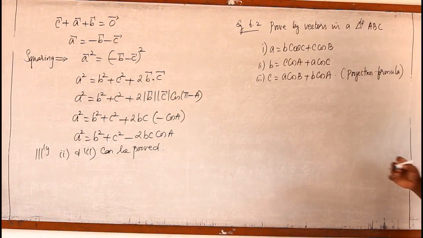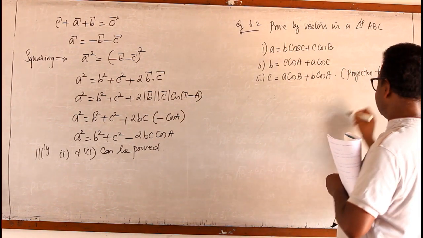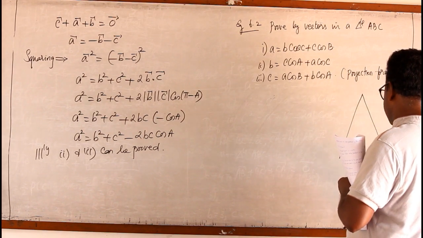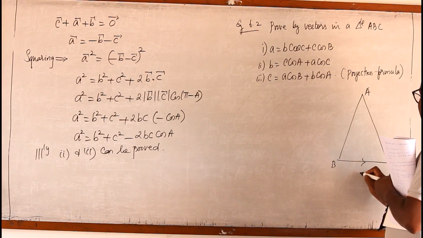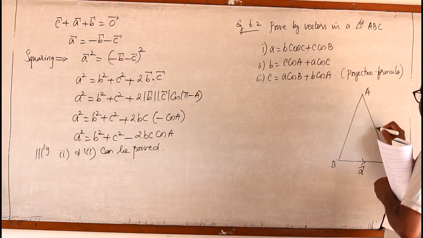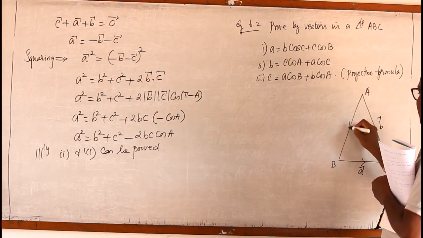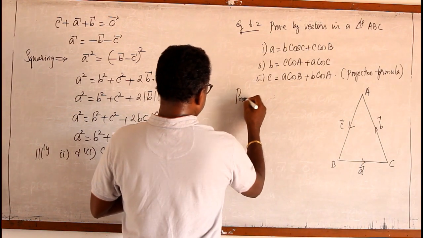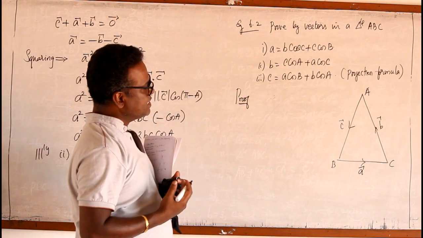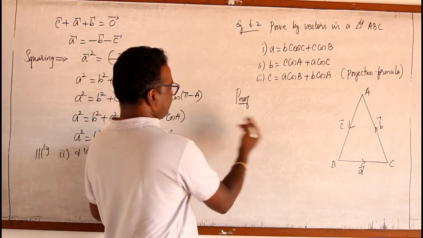A similar proof. We shall take the same triangle ABC such that BC vector is a vector, CA vector is b vector, and AB vector is c vector. Here also I am going to prove only one, and the remaining can be proved similarly.